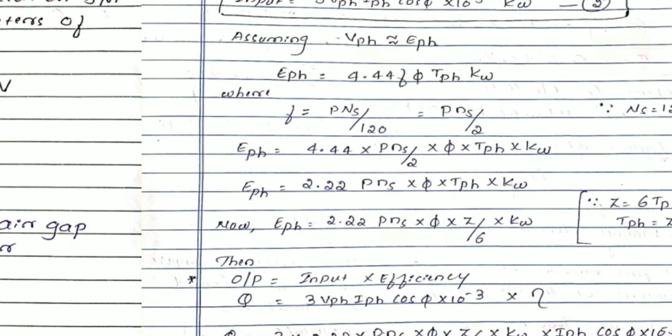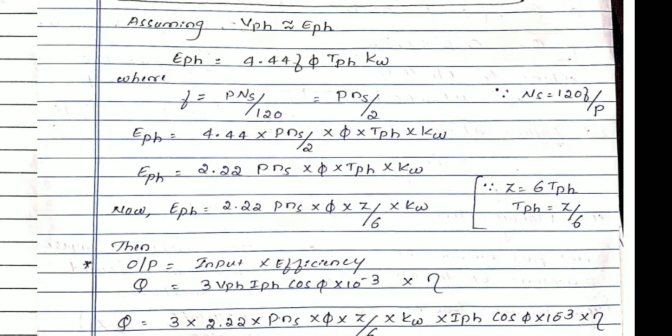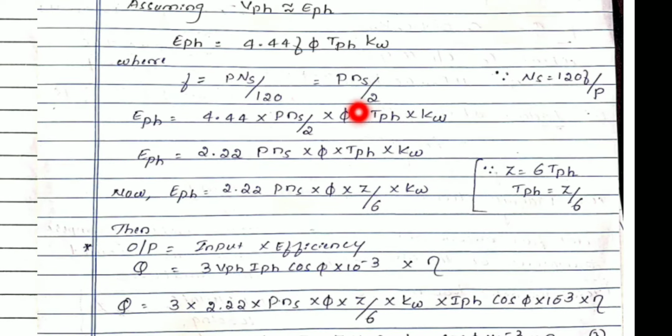Next, one more thing: in this EPH, instead of TPH, I substitute Z by 6. Why? Z is nothing but the number of conductors. The number of conductors will be equal to the product of the number of phases and the conductors per phase.